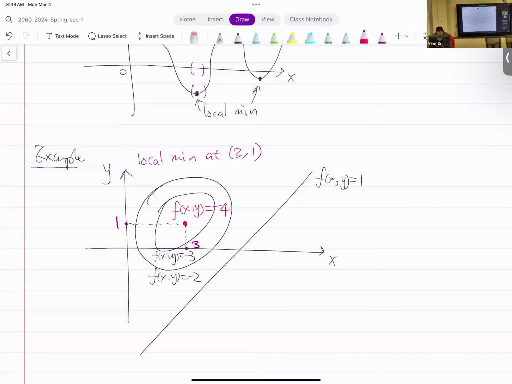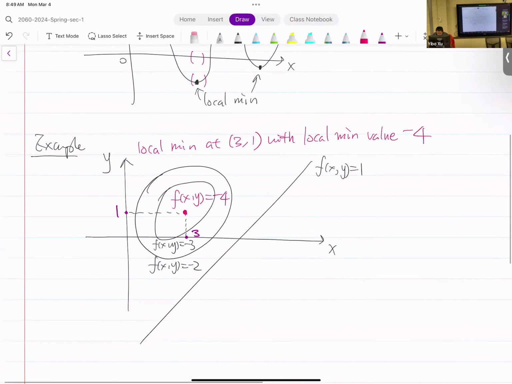The pair here is 3, 1, in purple. And the local minimum value is -4. When we talk about the local minimum value, it's the output, which is -4 here.